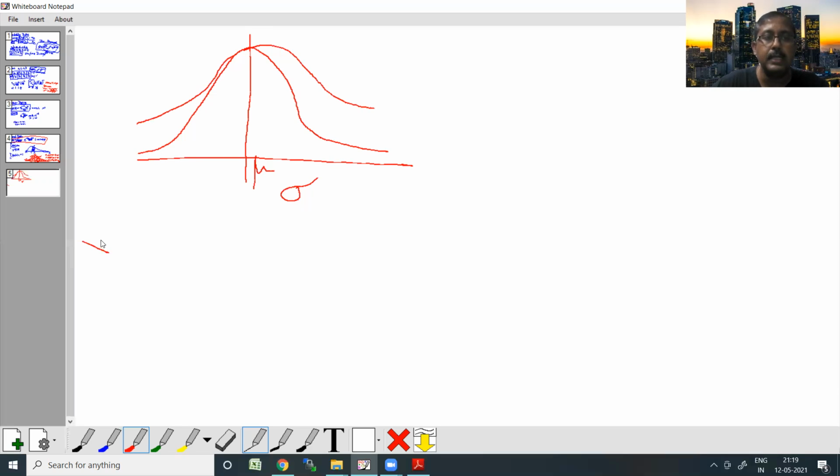On x, there is a transformation being applied, which is x minus mu by sigma. The random variable x is applied a transformation x minus mu by sigma, and that is called the variable z.